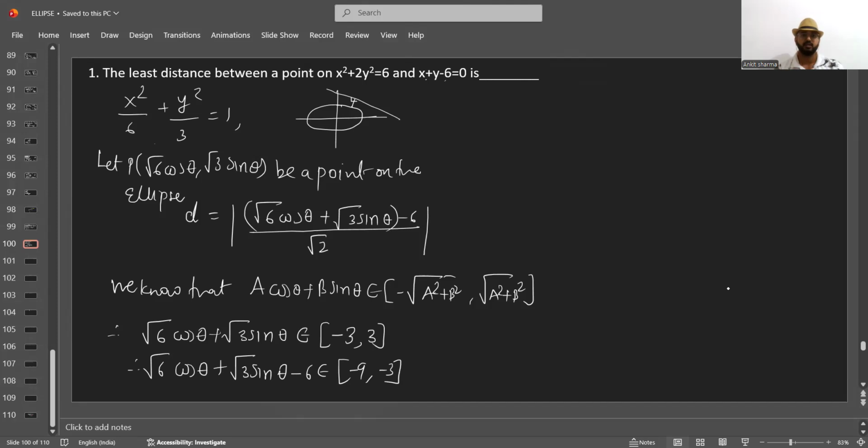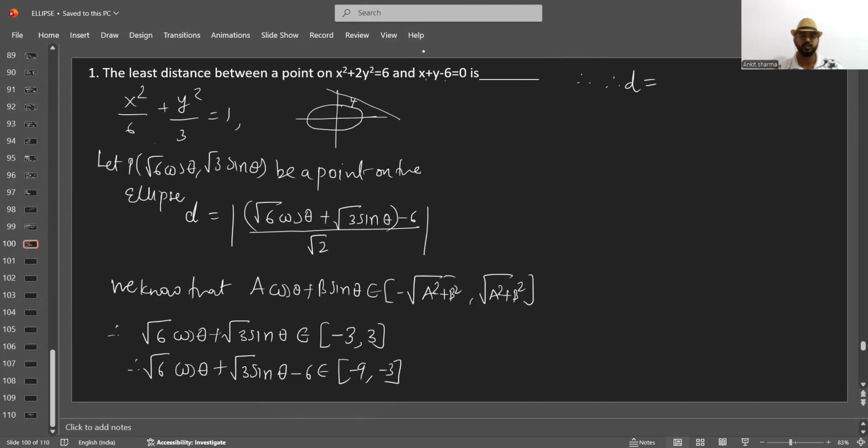Since this is talking about the distance, we take its modulus, because ultimately we know it is a distance.